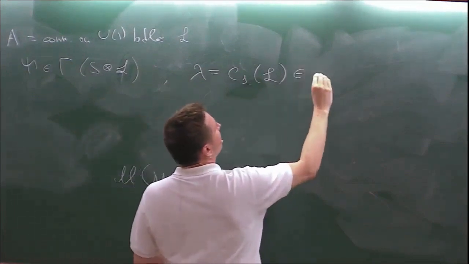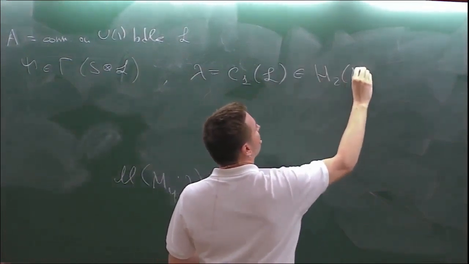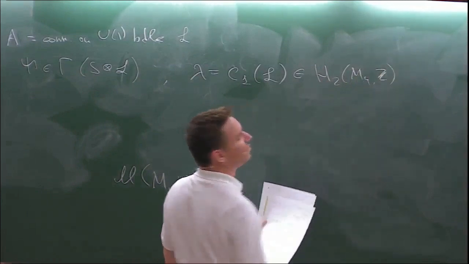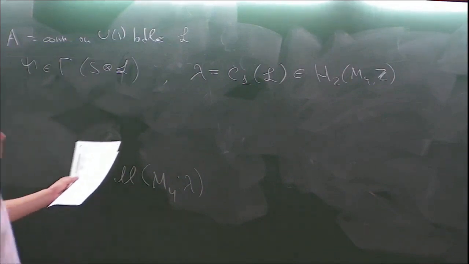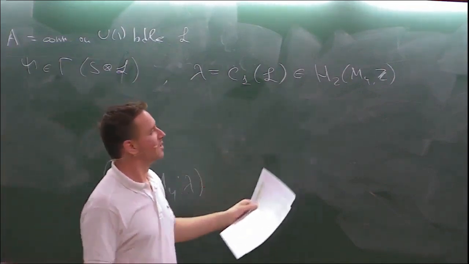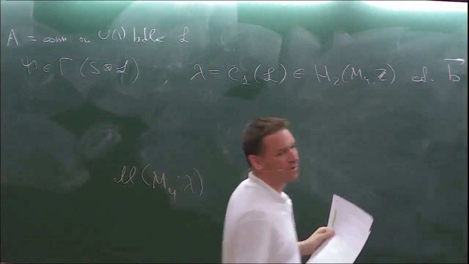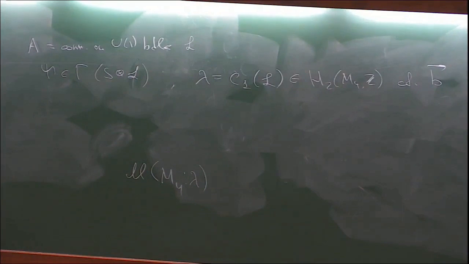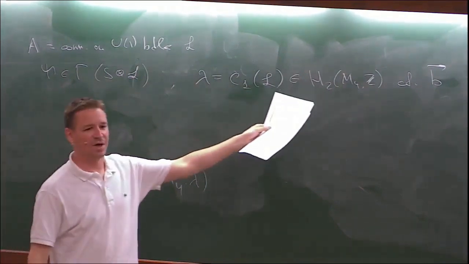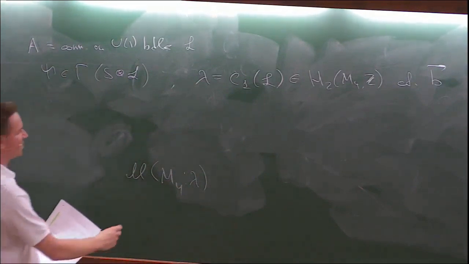So lambda lives in H2 of M4 with integer coefficients. In fact, it's a choice analogous to what we called B in the story with three-manifolds. So the Seiberg-Witten invariants are labeled by something, and that's what they're labeled by in 4 dimensions, and you saw what they're labeled by in 3 dimensions. So one constructs this moduli space of solutions.